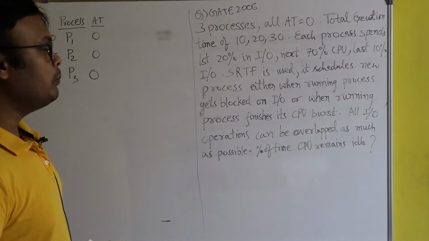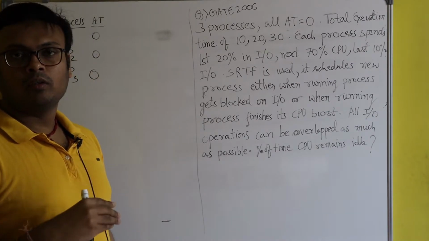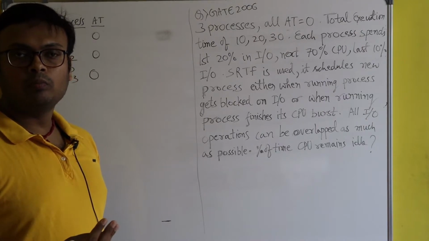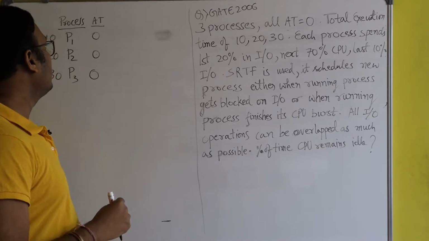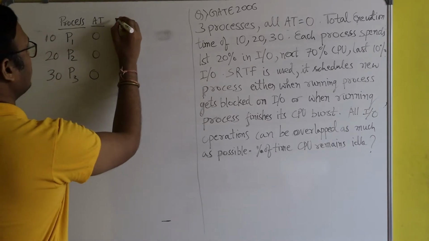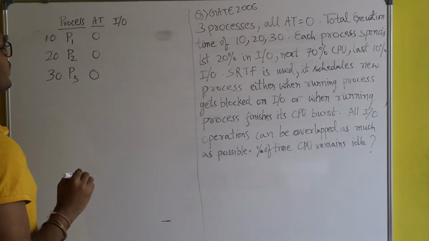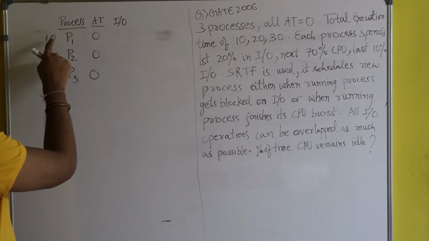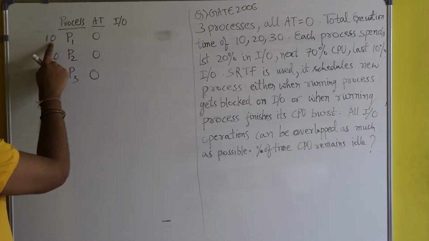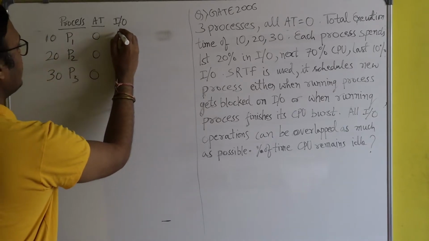So the execution time is divided into three parts: I/O, CPU, then further I/O. P1 will spend the first 20% of its execution time in I/O. What is 20% of 10? It's 2.